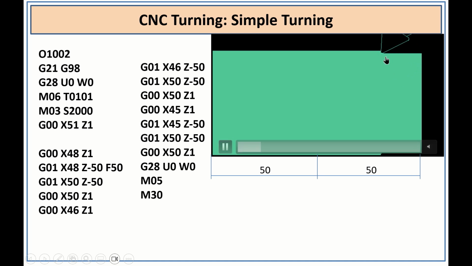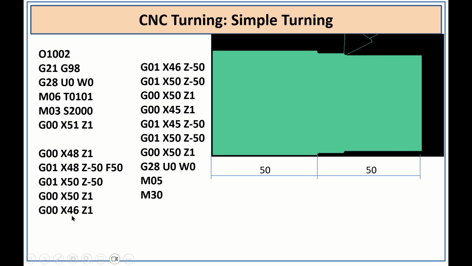So if you perform this operation, it will be continuous like this. The depth of cut is given and the tool is moving till the Z value is -50, and again it goes back to its initial position, and again it gives some more depth of cut, 46.